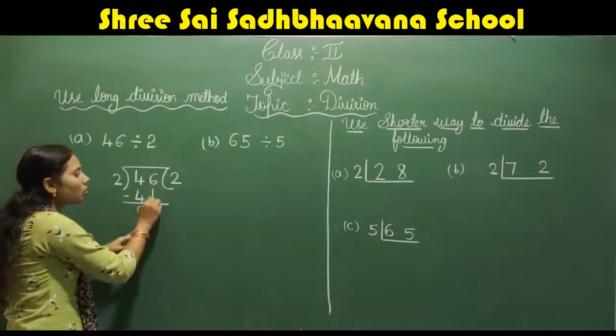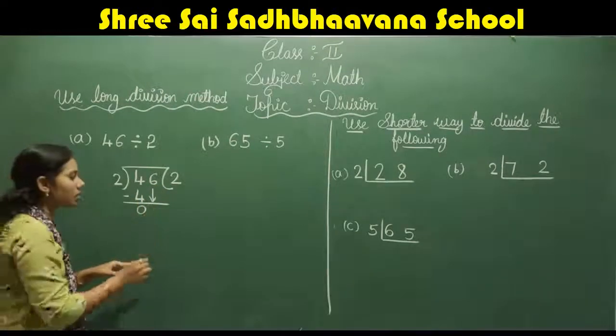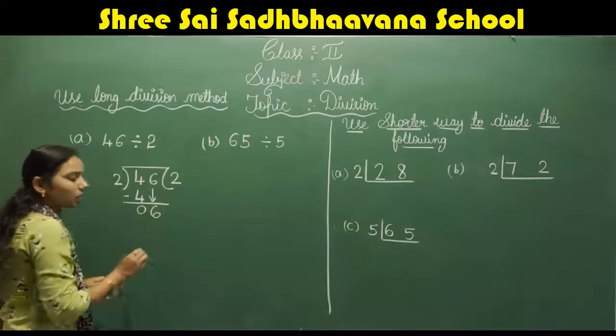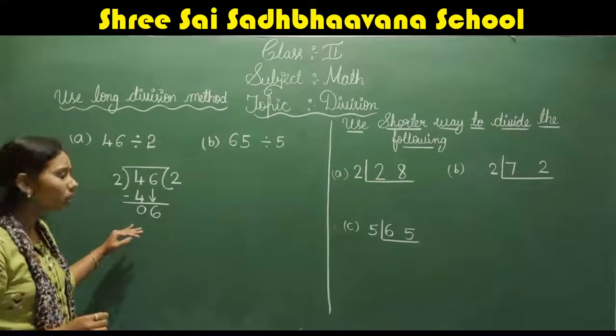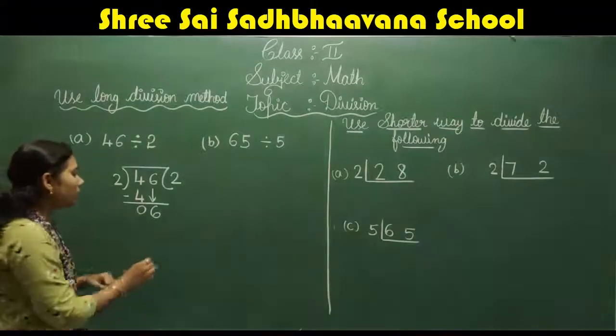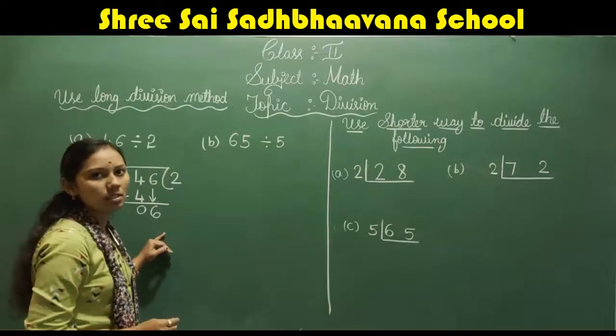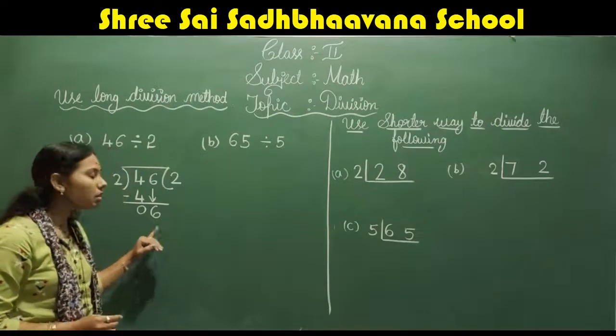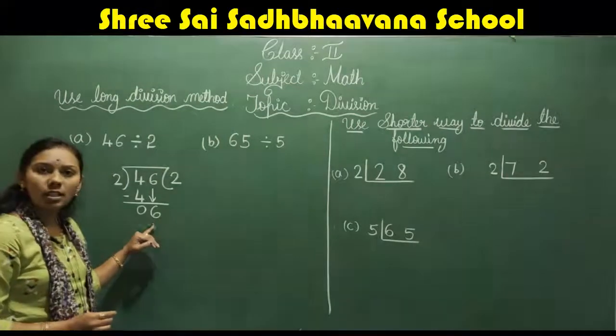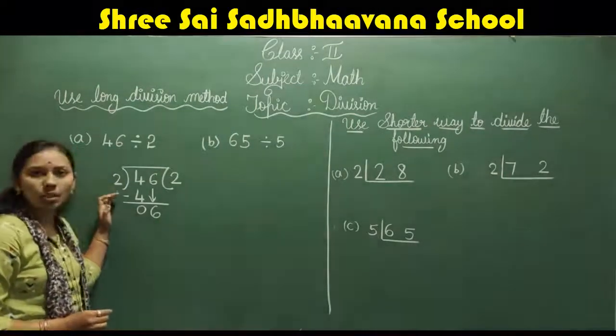Next we are going to bring down this 6 in the next step. Here again the 6 ones is a dividend. We are going to divide by the divisor 2 here.